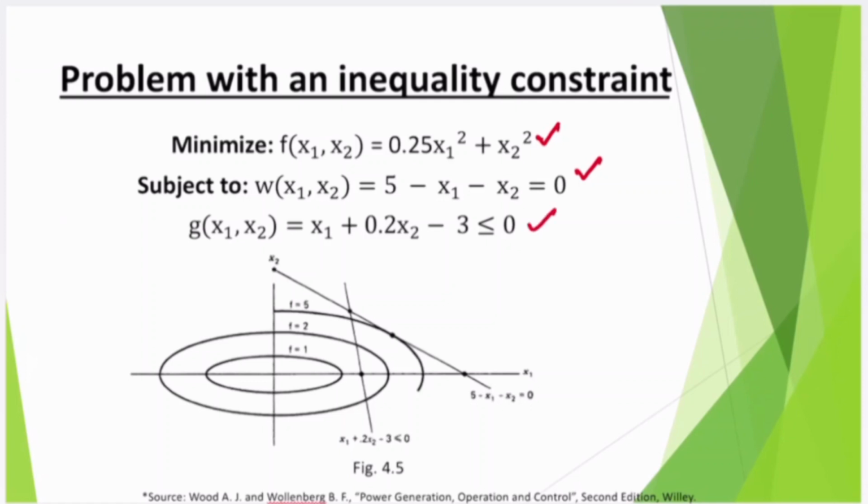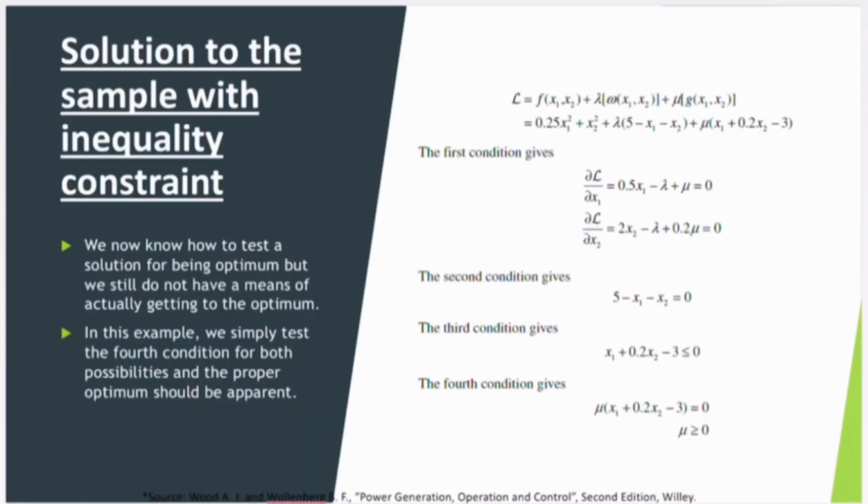So how do you optimize a function which has an equality constraint as well as an inequality constraint? You could see the functions, which are my equality constraint characteristics, and then I have the inequality constraint characteristics, and satisfying both, I have to find my optimal points.